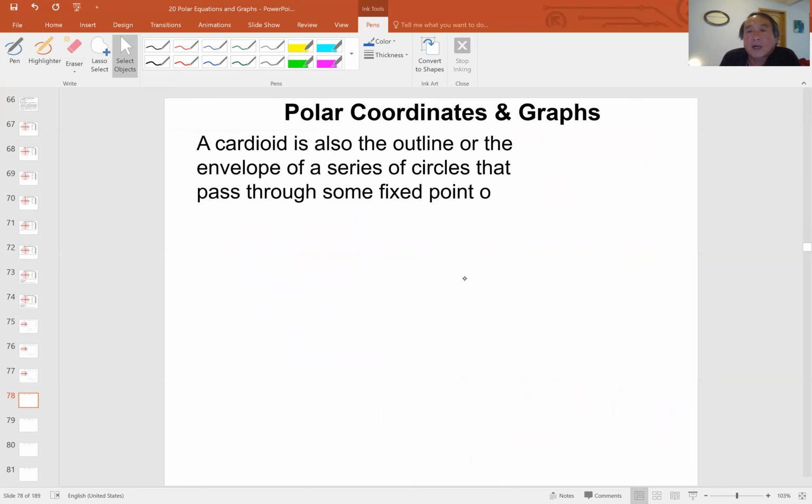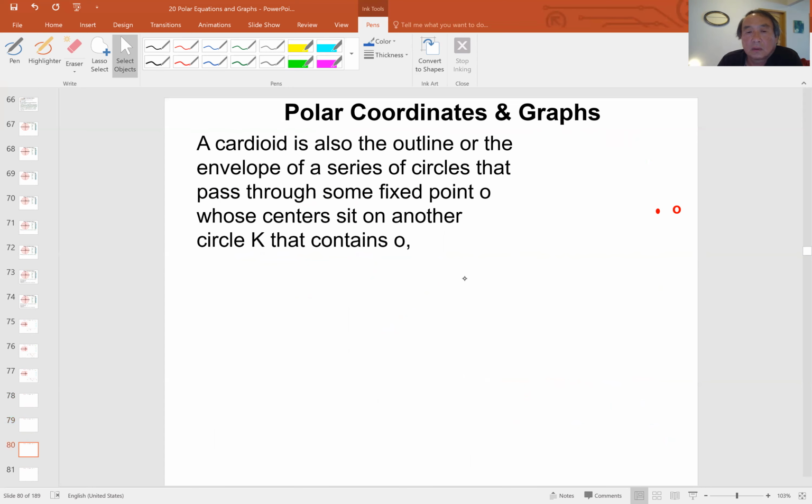Another interesting fact about cardioids is that the outline, the envelope, of a series of circles, a lot of circles that pass through some fixed point O. So I'm going to draw a bunch of circles that go through O, but whose centers sit on another circle. What does that mean?